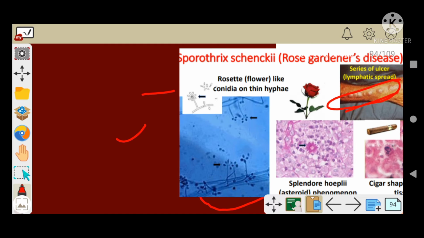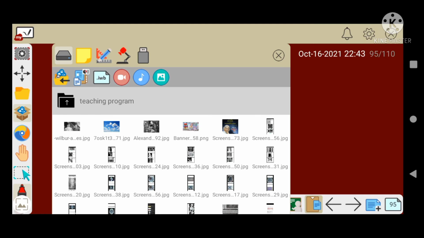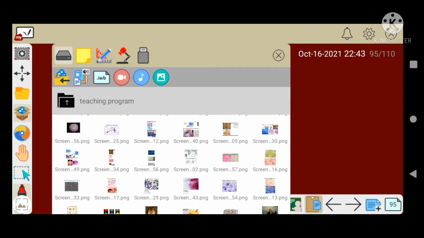This is a lymphatic spread actually, okay? Lymphatic spread. So this organism is Sporothrix schenckii, also known as rose gardener's disease, due to thorn prick from rose, okay? So the case scenario will be like this, and you will be asked to identify the organism. This is just simple. Do remember lymphatic spread.